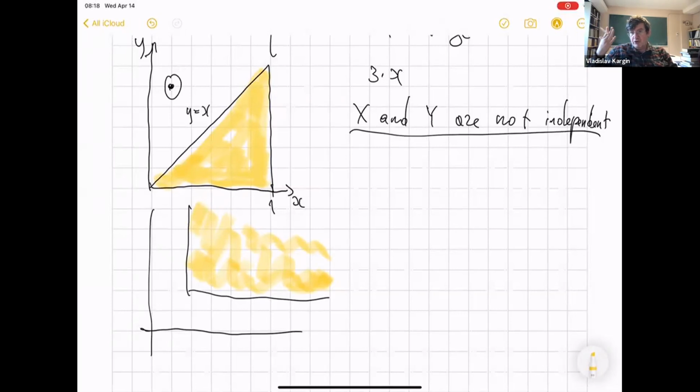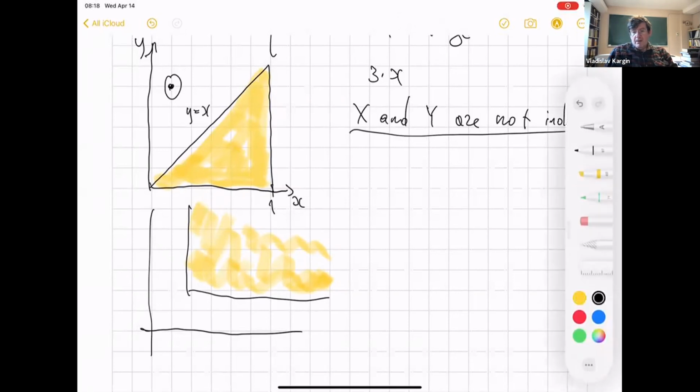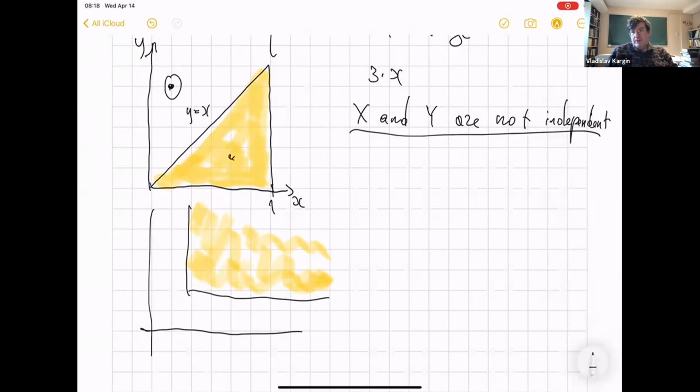If you write down the joint density as a product of two functions, one function of x, another function of y. But when the range is not a rectangle but a triangle, it's not possible.